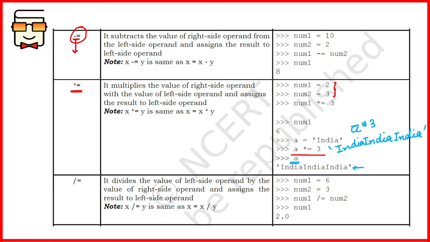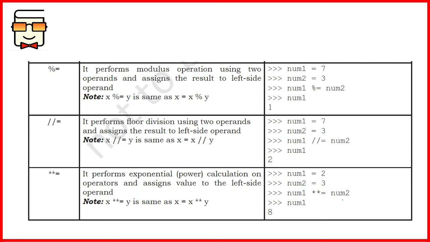Okay, now similarly, divide equal to. When you perform x divide equal to y, it first calculates the x divided by y value, and then assigns the resulting value to x. So you can apply these operators on these examples as well as on other examples and check whether they are doing the right thing.